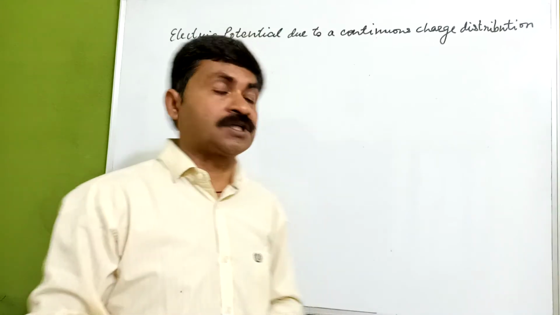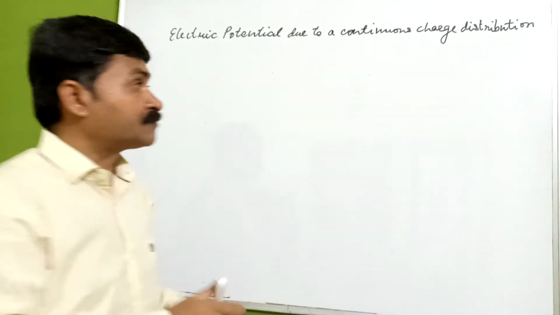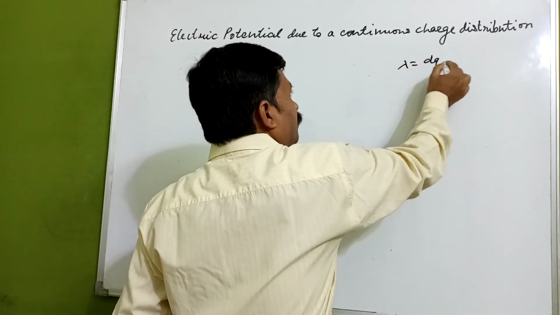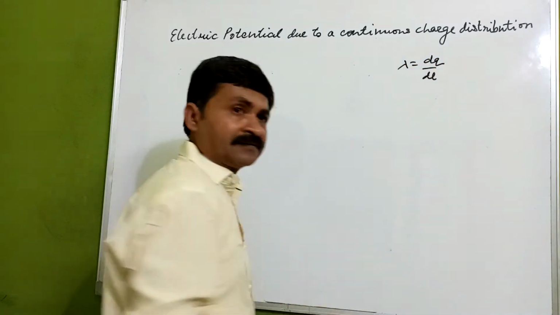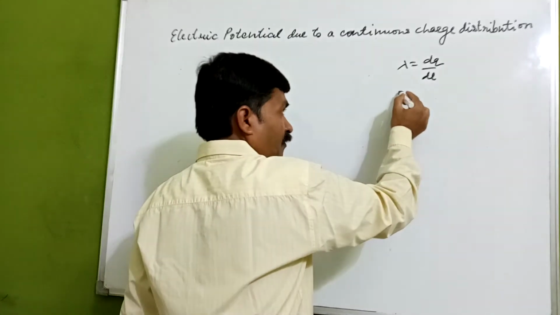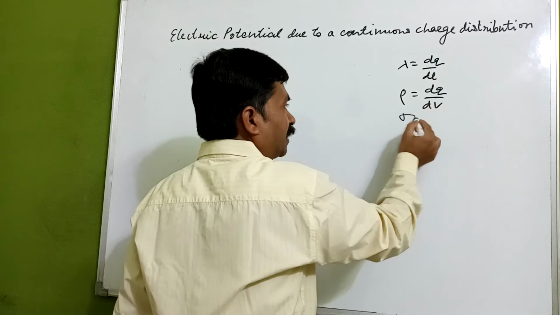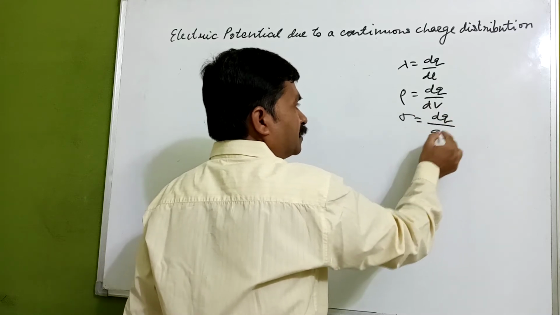Continuous charge distribution, which we have in terms of linear charge density, that is lambda equal to dq upon dl in terms of length, and rho, that is dq upon dv, and sigma, that is dq upon ds.